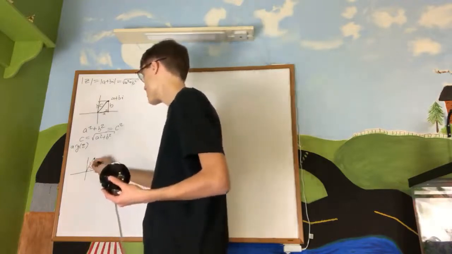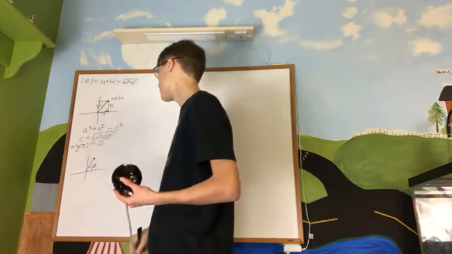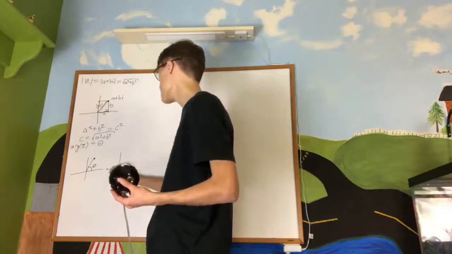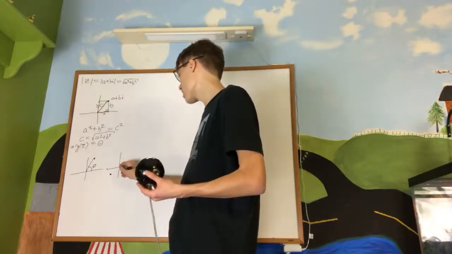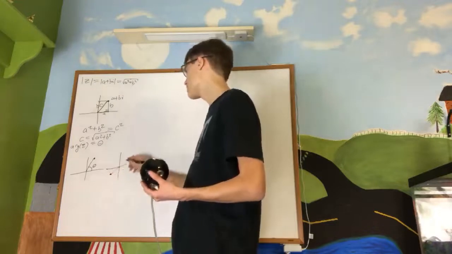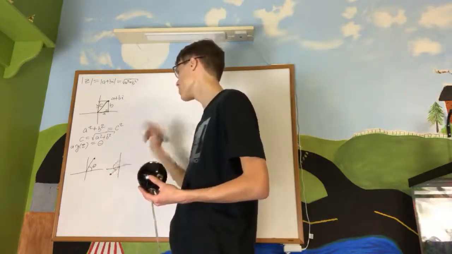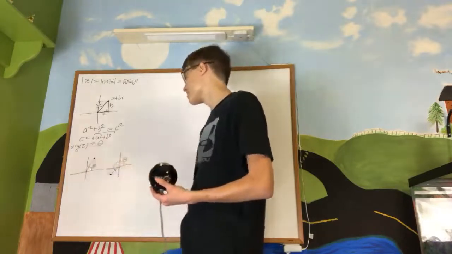Whatever this angle right here is, that is its argument. That theta right there. So if I instead had a complex number right here, I draw the line out from the origin. This angle right here, which is bigger than 180 degrees, is going to be its argument.